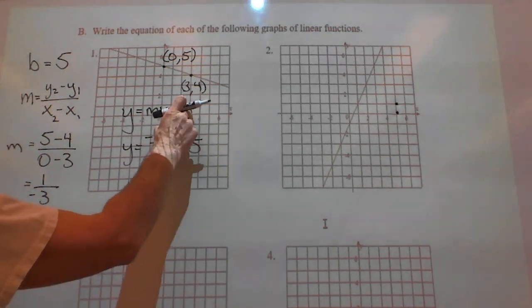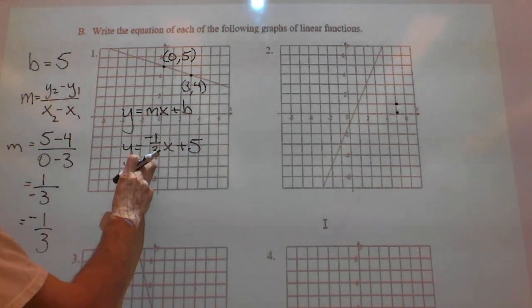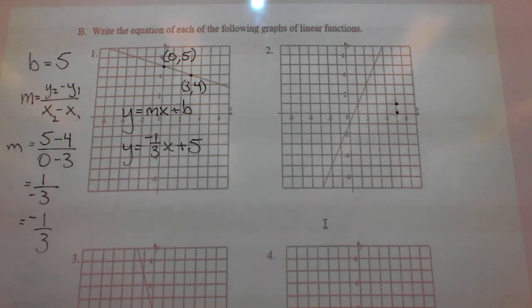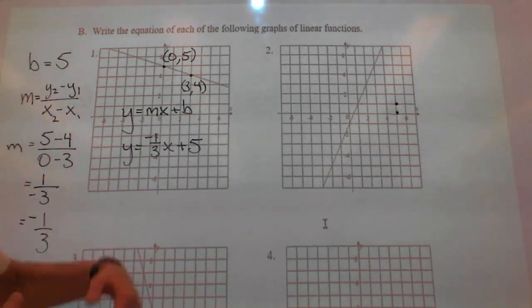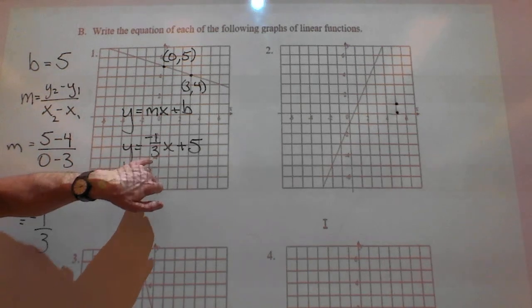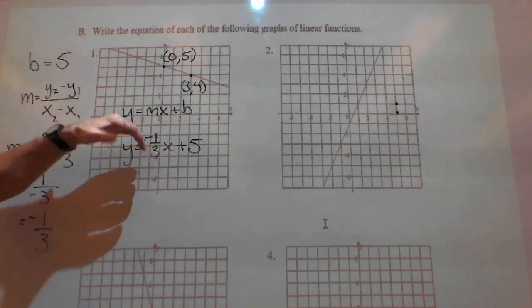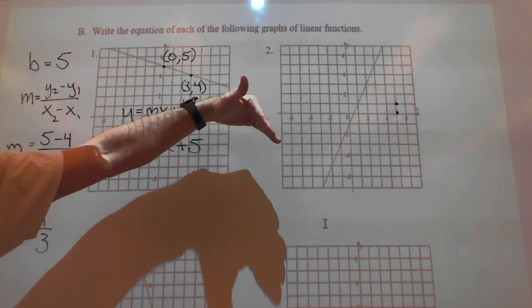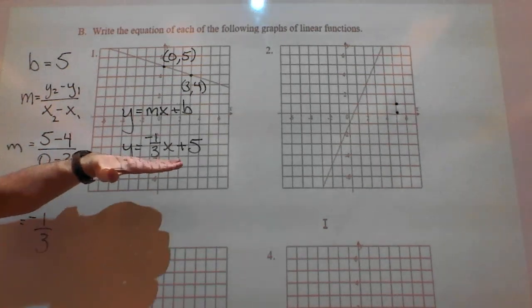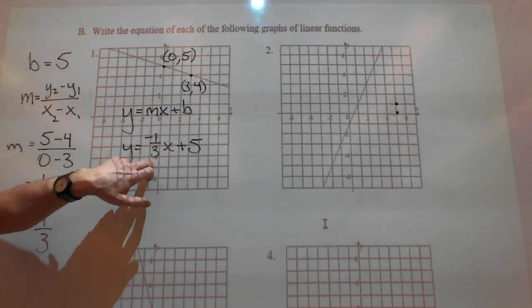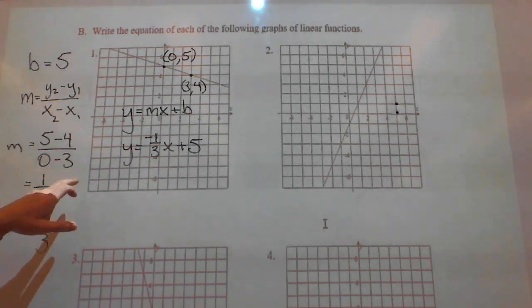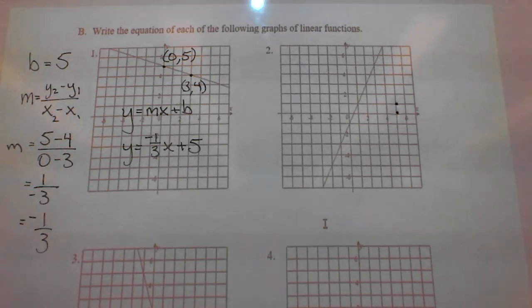Again, y-intercept is the b, negative 1 over 3 is the slope. Now, the slope is negative. That tells you this line should slope down to the right. Okay? If you get to this point and you ended up with a positive slope, then you must have messed up in your slope calculation. Go back and check your work. Okay?